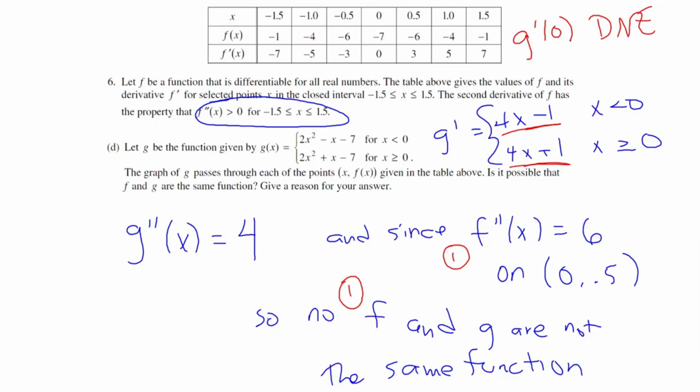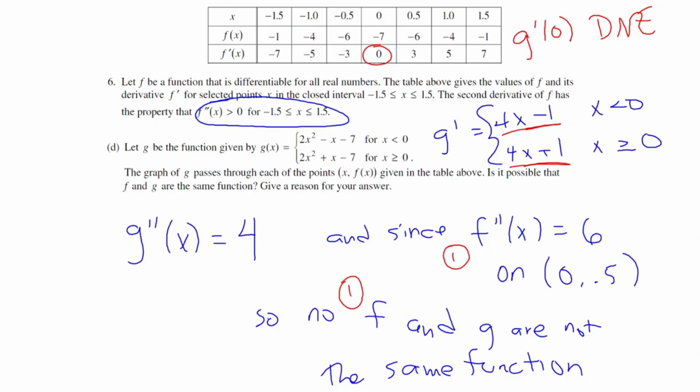So the slope as we approach 0 isn't the same on both of these. That slope is undefined, but f prime of 0 is 0, and therefore, because f prime of 0 and g prime of 0 are different, we can't have these being the same function. And so you would have got 2 points if you did it that way as well. And that's the end of this function FRQ.